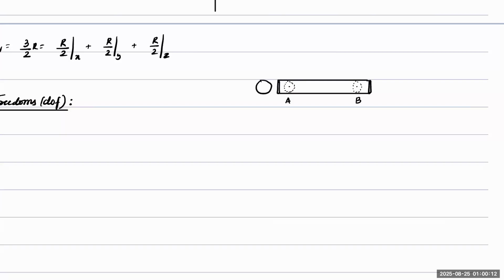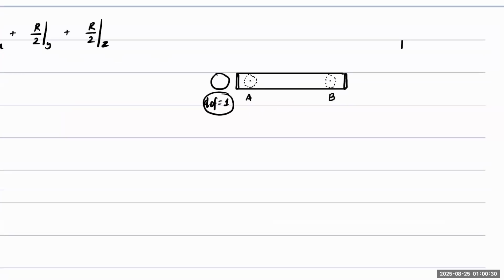No. Can it go in the Y direction? No. It can only go in the X direction. That's why the degree of freedom for this one is only 1. Correct?